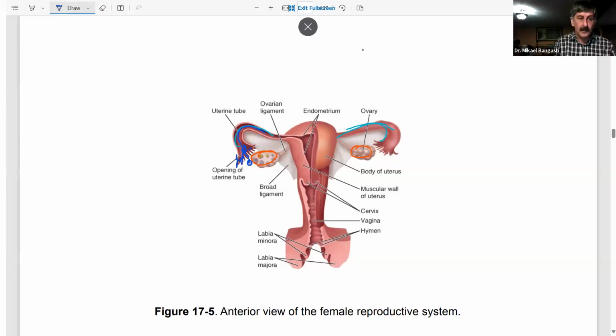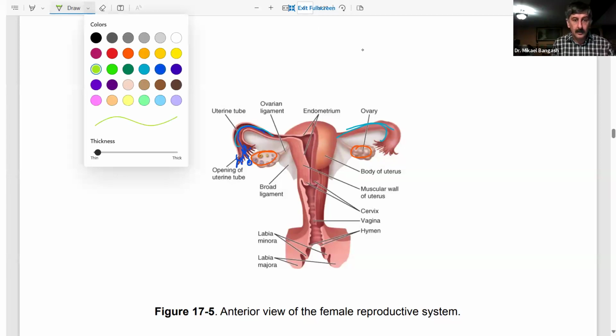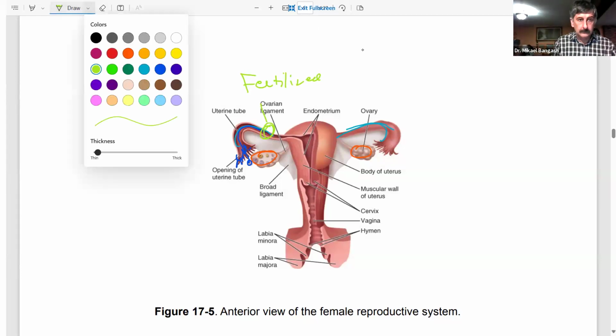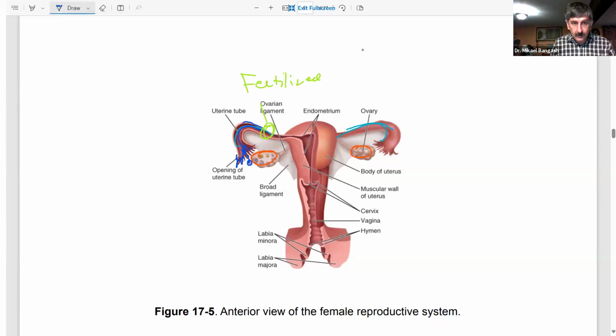Now usually, guys, it's somewhere here on its journey that it may get fertilized. But peace be with that, travel is through the fallopian tubes.